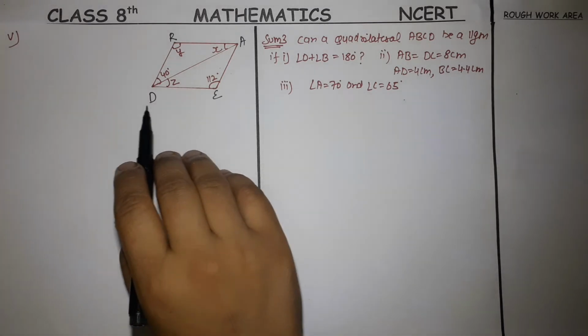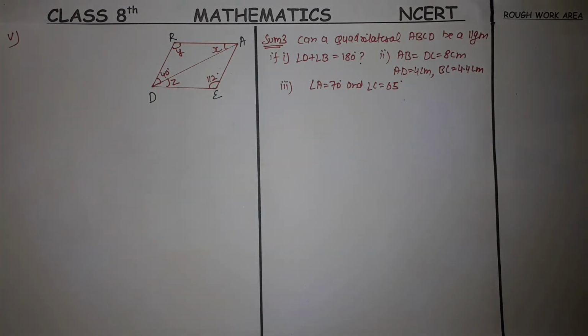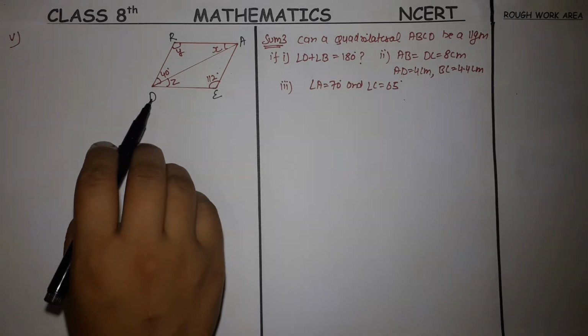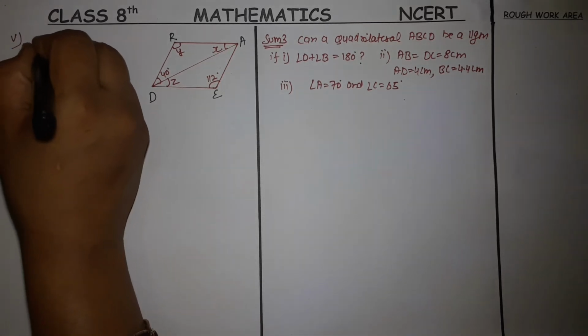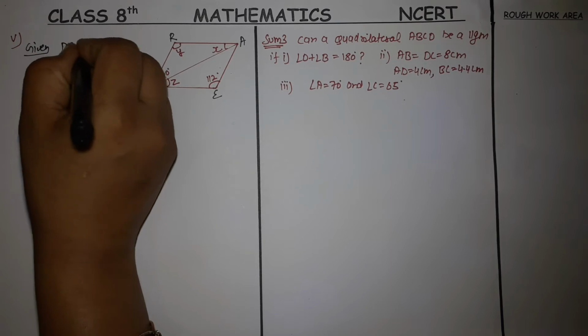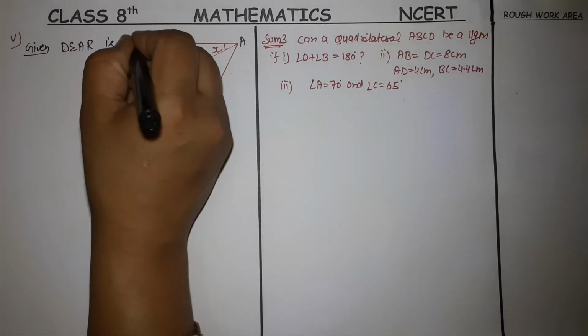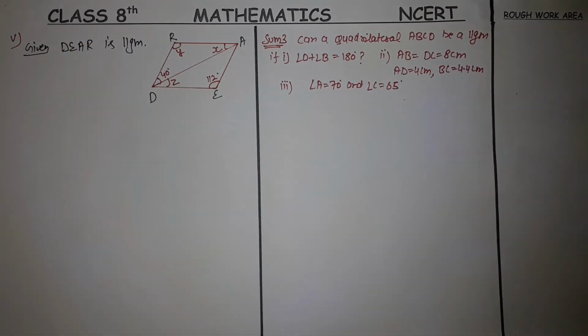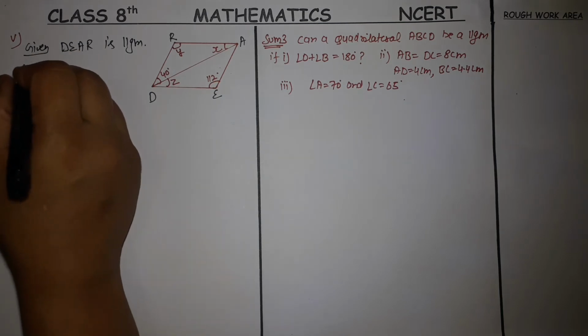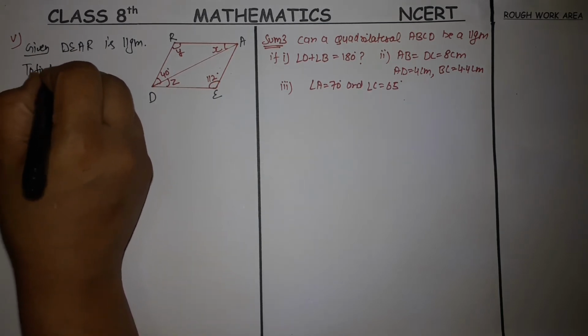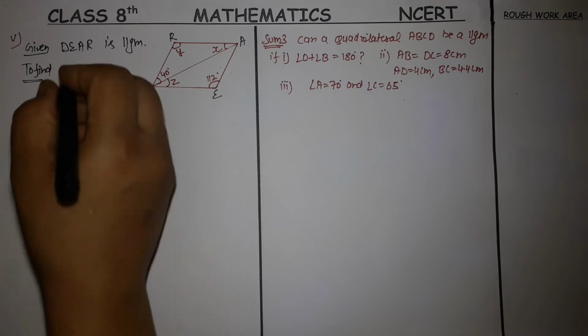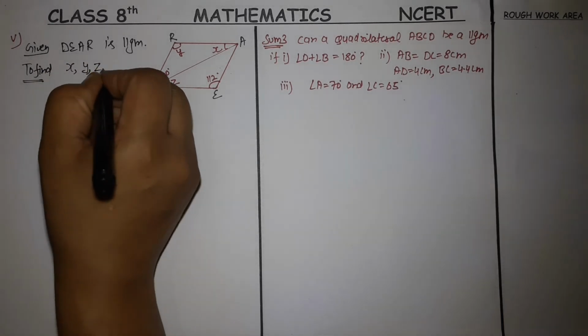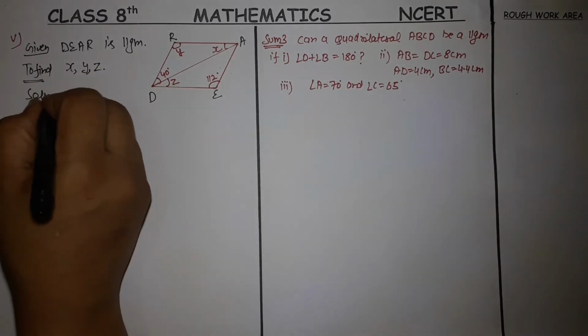I am taking here the name DEAR. You can take another name also. Given: DEAR is a parallelogram. To find X, Y, Z.